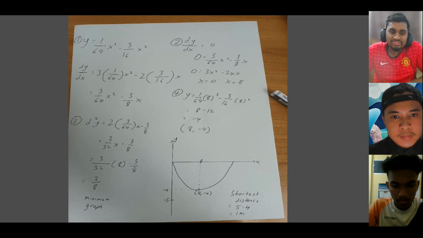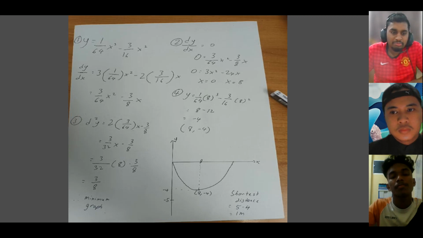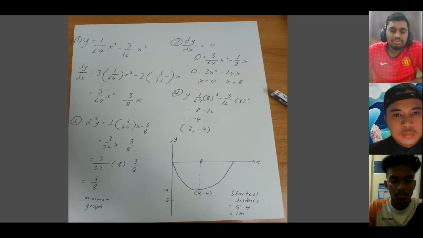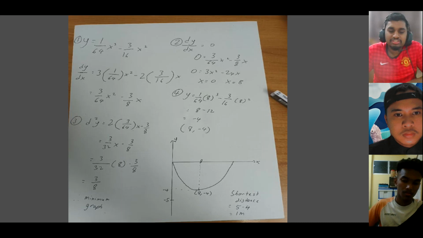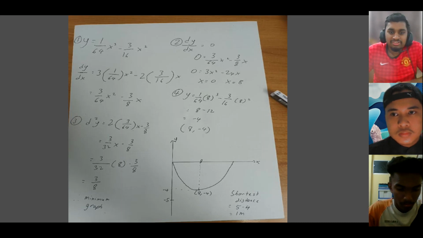So we take x equals 8 and find the value of d²y/dx² to ensure whether the graph is minimum or maximum. When we do that, our final answer is positive 3/8. So if it is positive, we get a minimum. Next, the fourth step is to find the y value. We take the original equation and substitute the x value, which is 8.